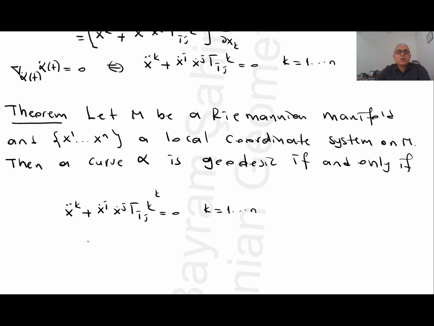So this is our geodesic equation for the Riemannian manifold. If you are trying to find the geodesic of any given Riemannian manifold, you need to solve these differential equations. So there is no k summation here.